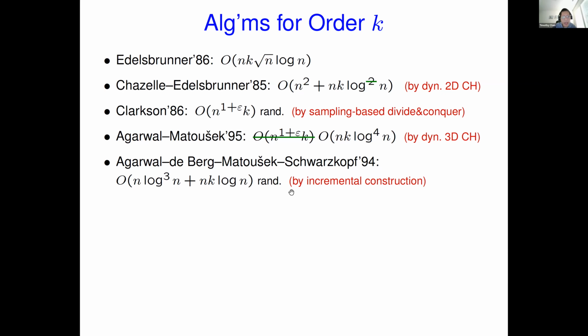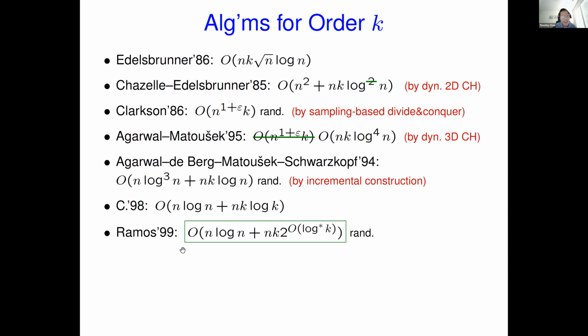Then this was later improved in a paper of mine to n log n plus nk log k. And then finally, Ramos in '99 further improved this to n log n plus nk times 2 to the order log star n.